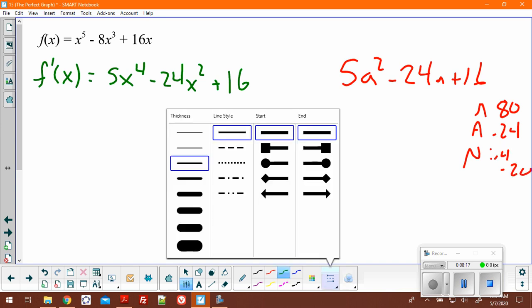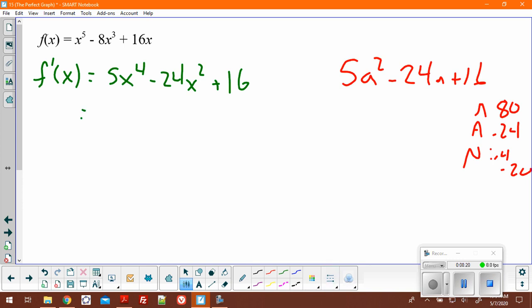Okay, so let's start factoring that out. I have 5x to the 4 minus 20x squared minus 4x squared plus 16, equals common factor.